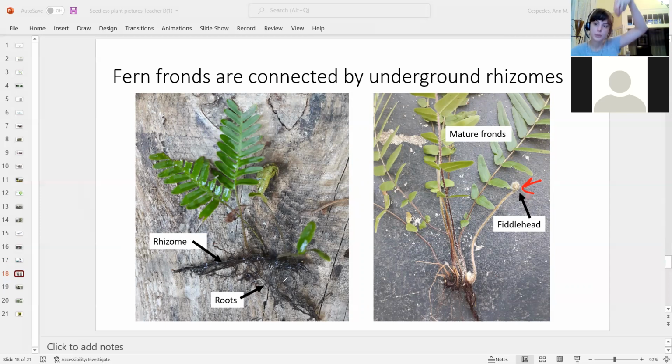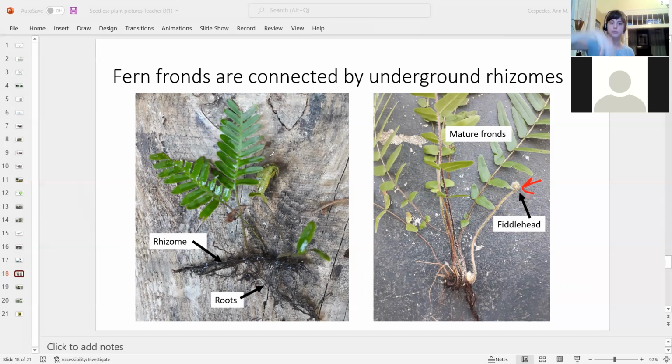And then down below, we have true roots. That's a new adaptation. Also, these stems and these leaves are all new adaptations that ferns have that mosses and liverworts don't have. So true leaves have vascular tissue that collect the sugars that are being made by photosynthesis, and they transport it to the rest of the plant.